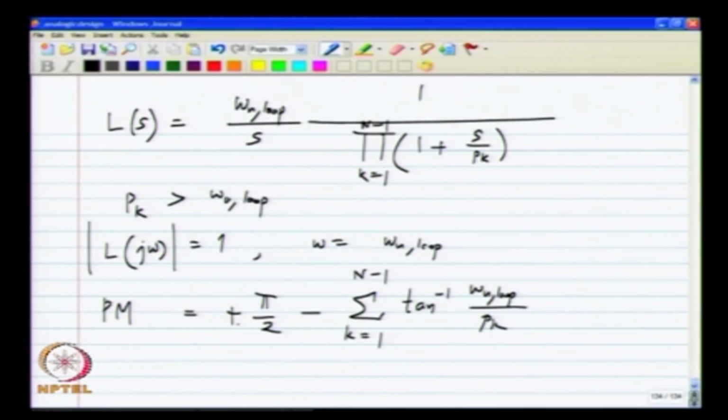Let us say we want the phase margin to be 76 degrees, and this means that this entire sum has to be about 14 degrees. So, this is one way to think about it.